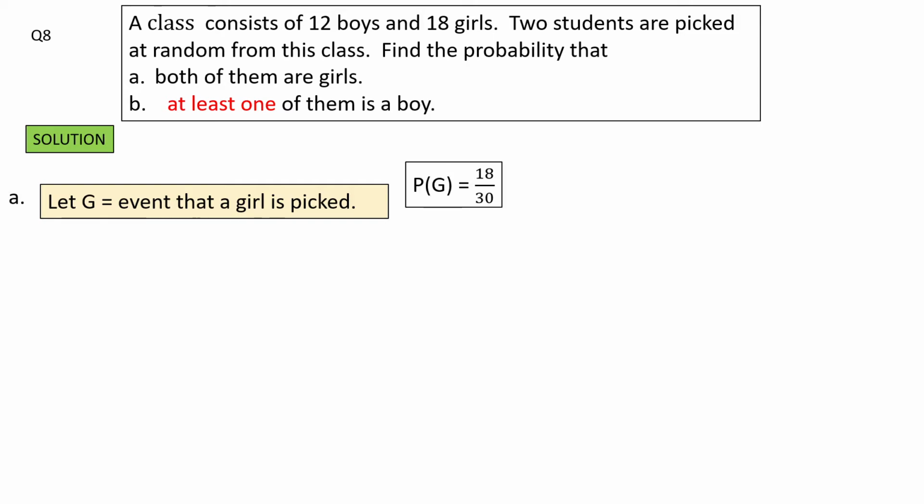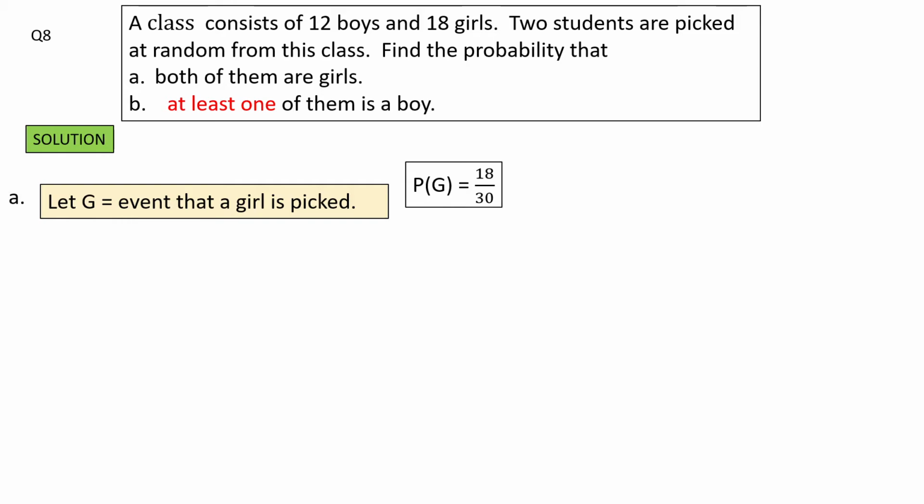So here you can calculate the probability of a girl. That will be 18 over 30. Why 18? Because we have 18 girls in the class. And the total number of students in this class will be 12 plus 18, so the total is 30 students.